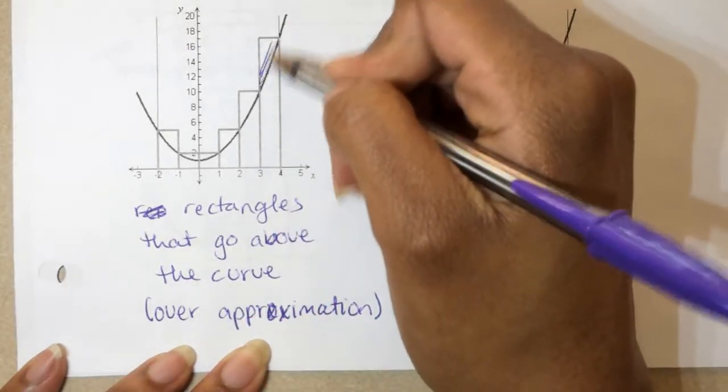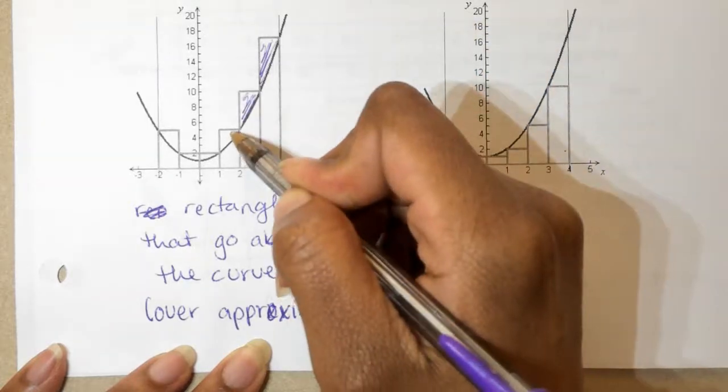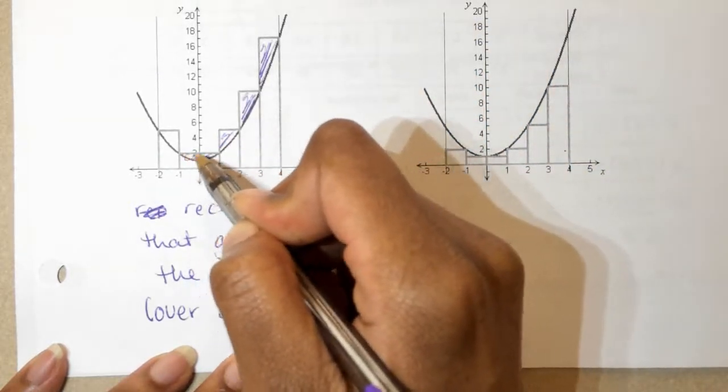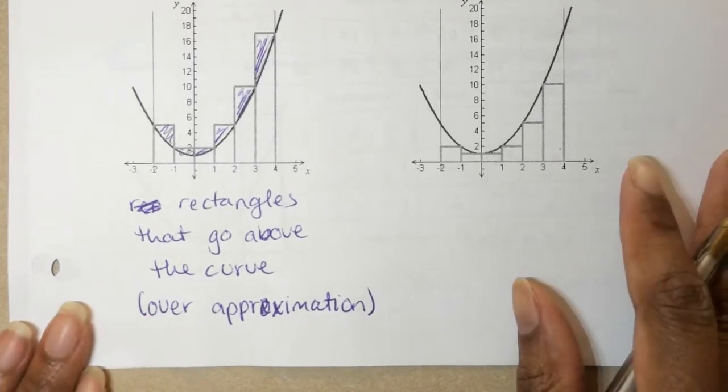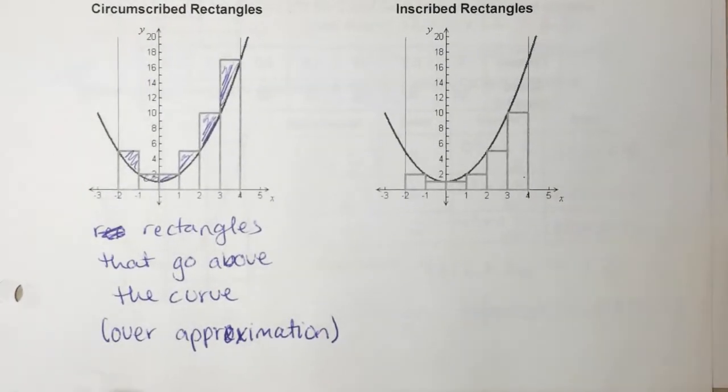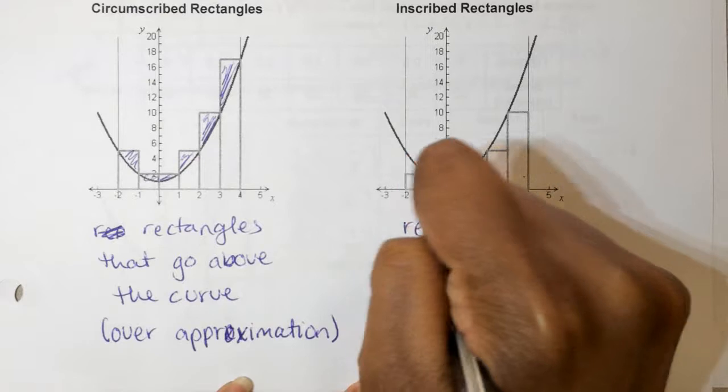Right, because all of this area that we're taking into account isn't even under our curve, so this will be an over approximation.